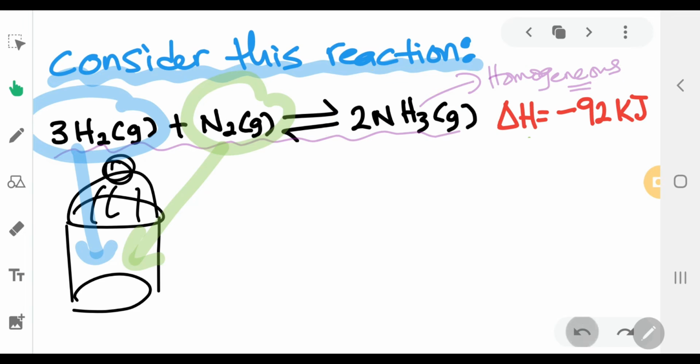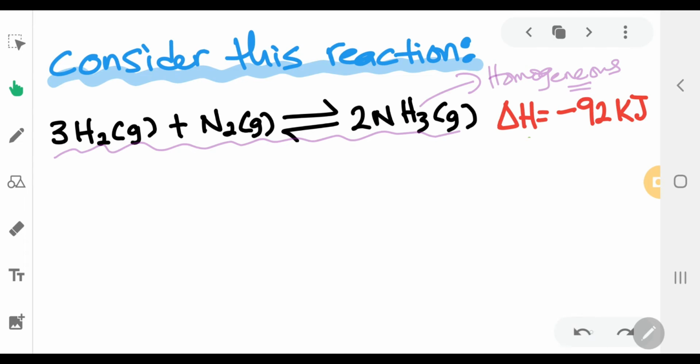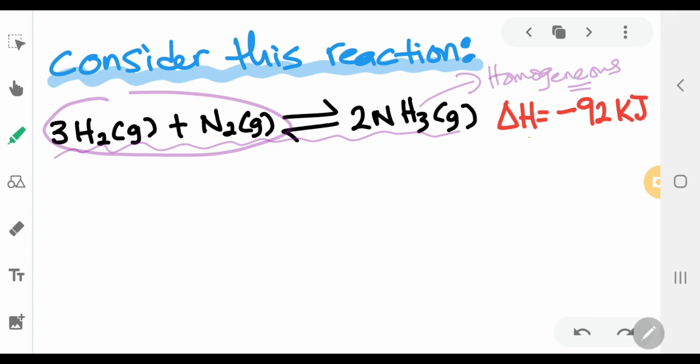Next we're going to look at how we apply the idea of number of moles of the gaseous species in determining the direction of the equilibrium shifting. If you get this kind of question in exams, when they ask what happens to the equilibrium if we increase or decrease the pressure, the first thing you need to do is look at your reactants and products. For the reactant side, look at how many moles of gaseous species we have.